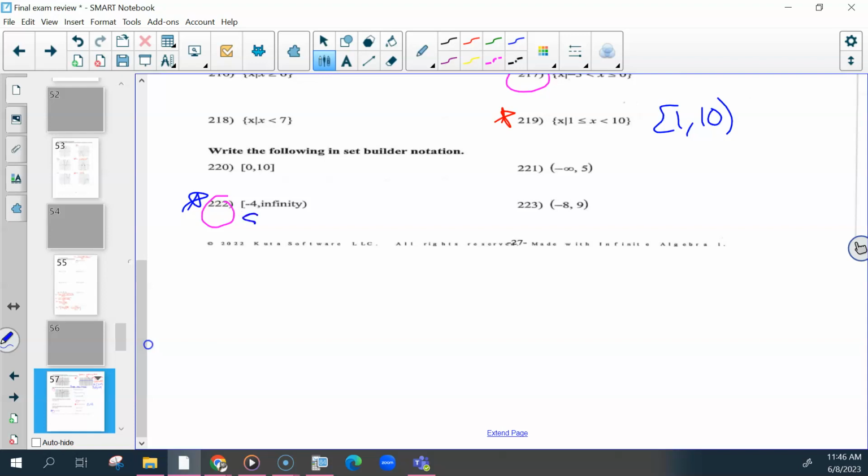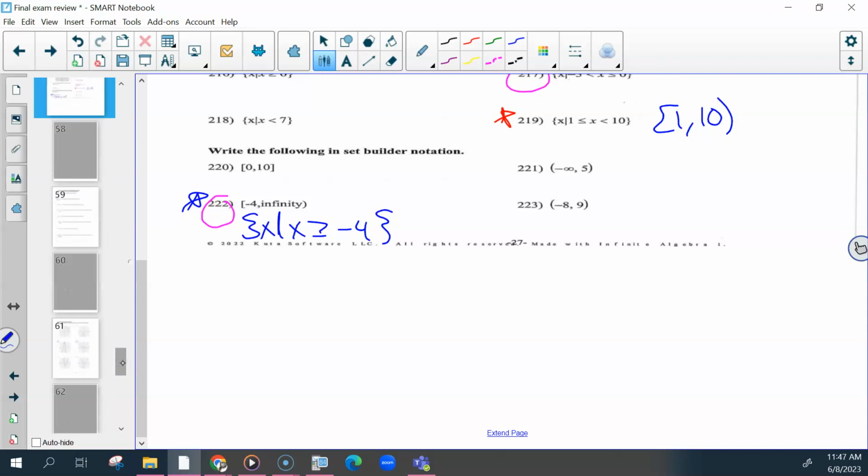X or Y doesn't matter. Other questions on this page? Go on to the next.